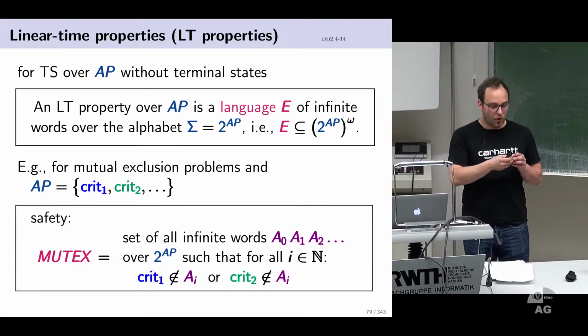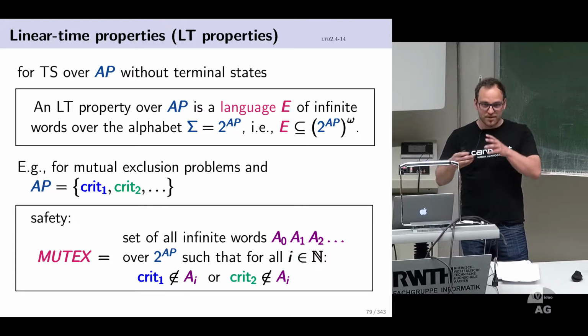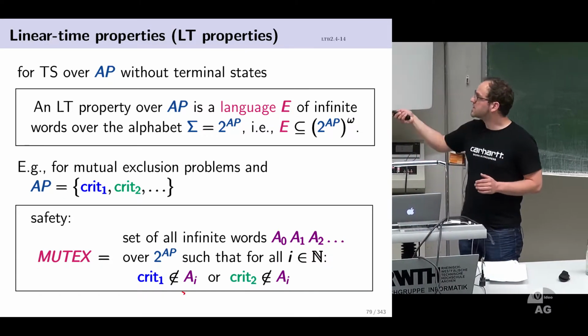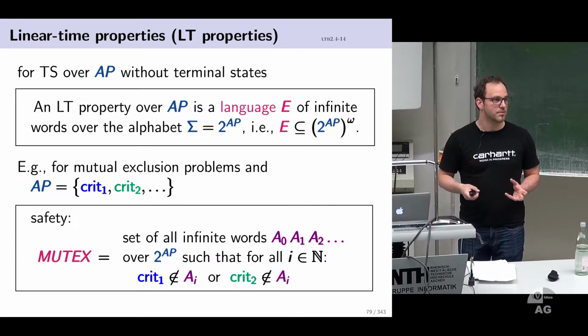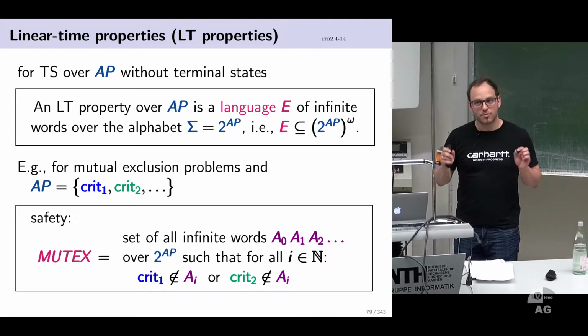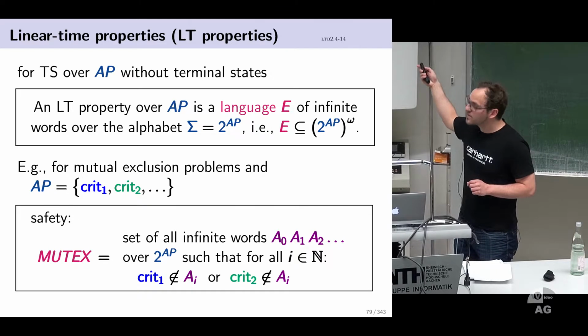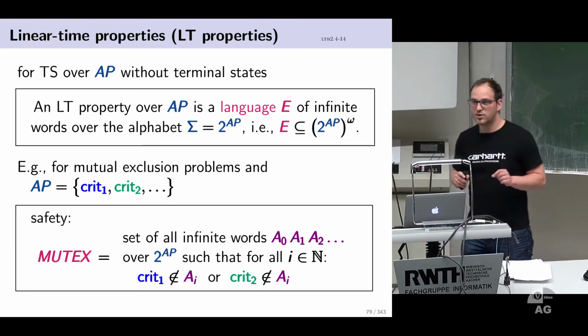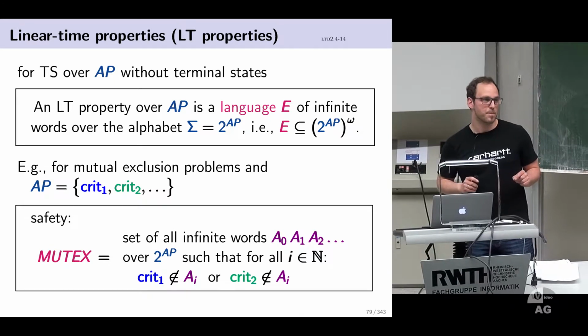So all these words are characterized by the fact that none of them contains crit 1 and crit 2. No other restrictions apply. But no Ai along this infinite word contains crit 1 and crit 2.